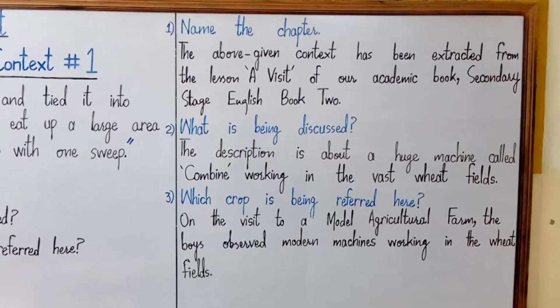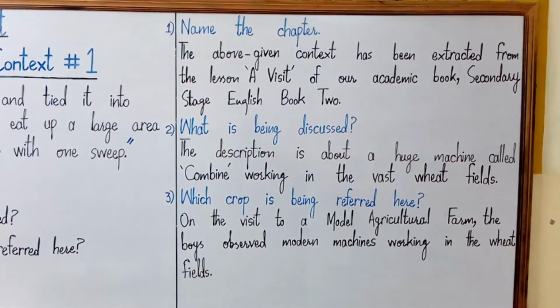Question number 3, which crop is being referred here? Instead of writing that wheat crop is being referred here, I have given a proper sentence. On the visit to a model agricultural farm, the boys observed modern machines working in the wheat fields. Which fields? Wheat fields. So here you have answered that the crop wheat is being referred here.